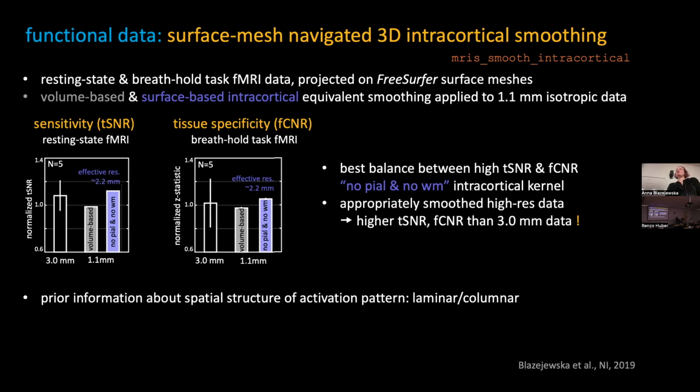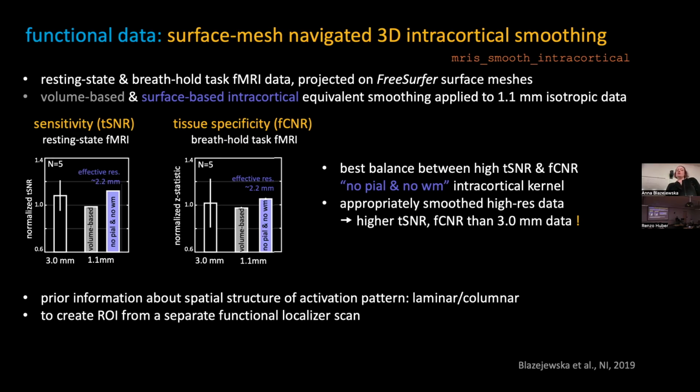Well, as it's been said, it can be useful when we have prior information about the spatial structure of the activation. Now, again, I'm not talking here about doing analysis on the smooth data, but it does help to see things. It does help to sometimes just make sense out of the noisy data we are looking at. And as John also highlighted, as long as you still have the non-smooth data on the side, there's really nothing wrong with aiding your visualization a little bit.